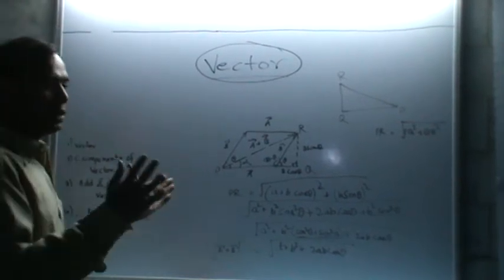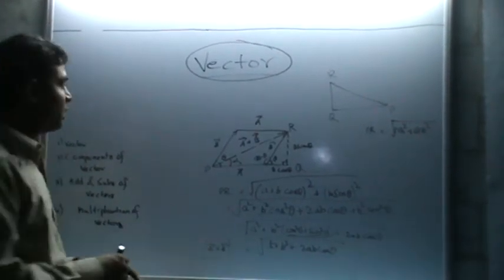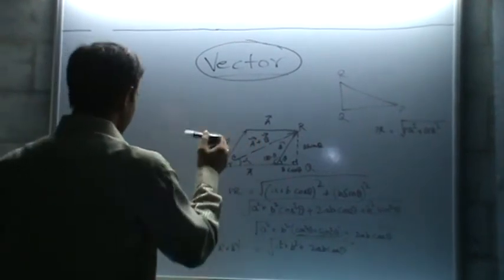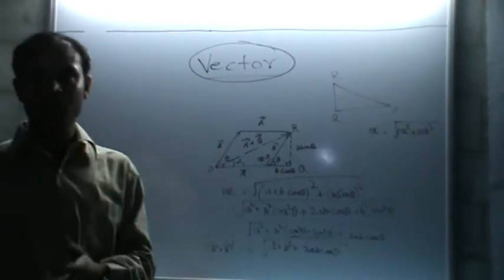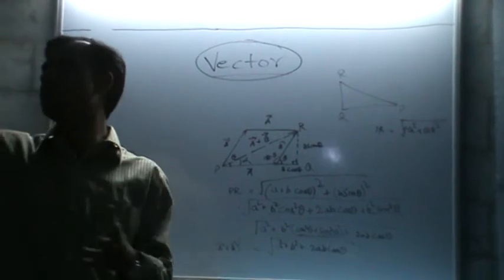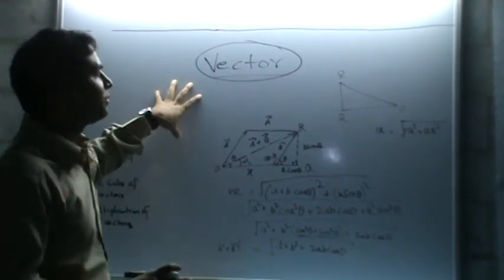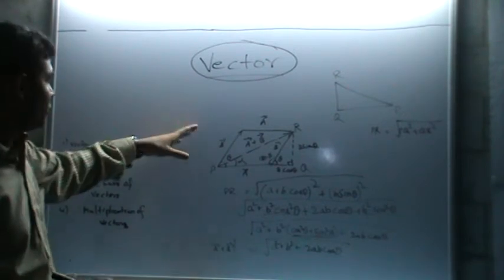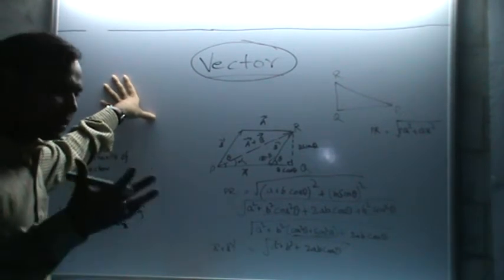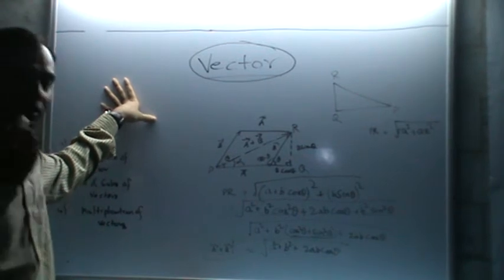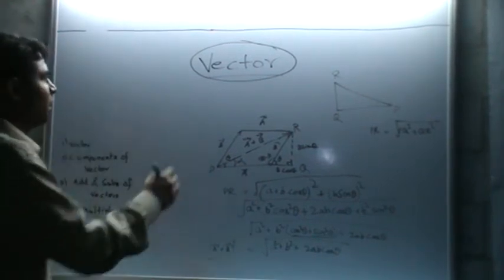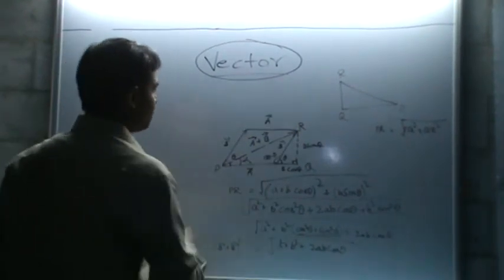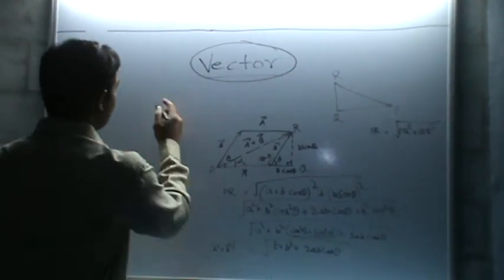In practical life, in many instruments, mechanics, even in fans, this vector is being used everywhere. You will learn in the next physics chapters on force, and throughout physics we will keep on using it. So you should know very well how to break a component.